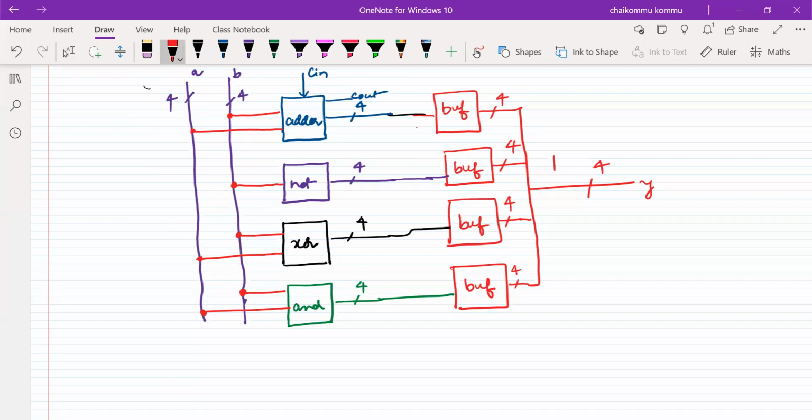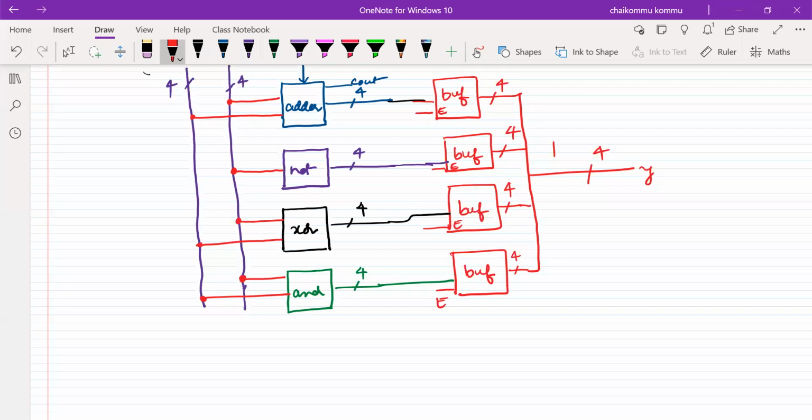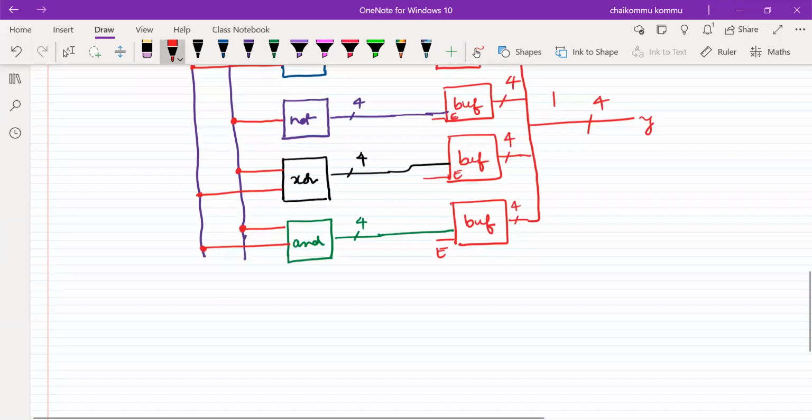It should have an enable signal called E. Another enable signal is required. So what is the suitable device that generates only one particular output while the other outputs must be 0?